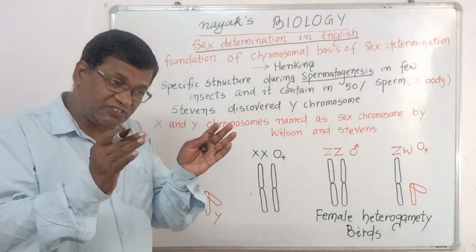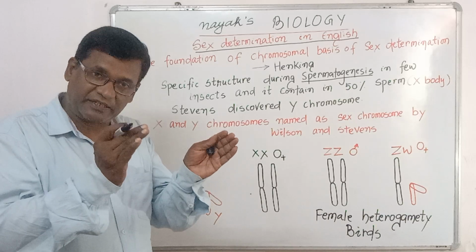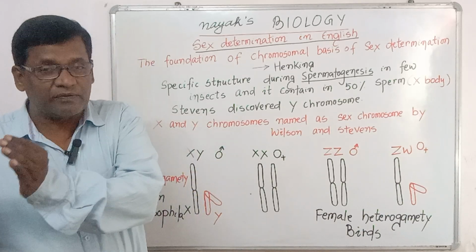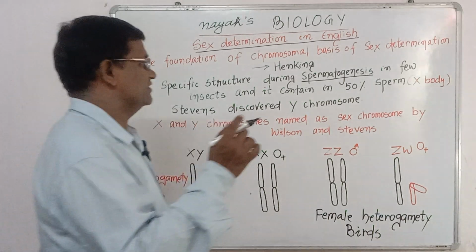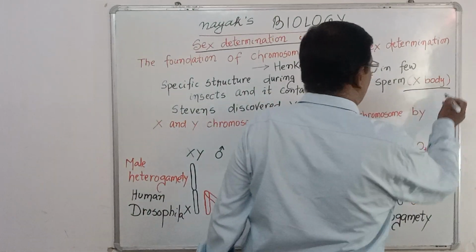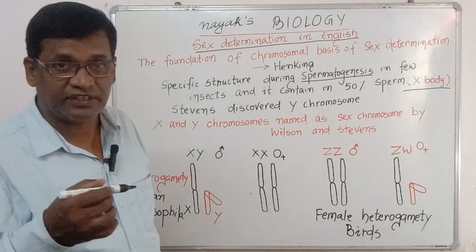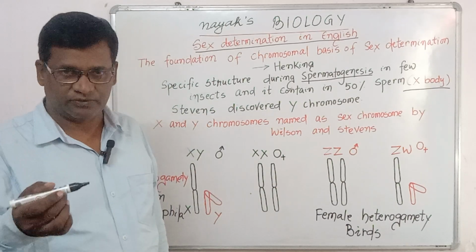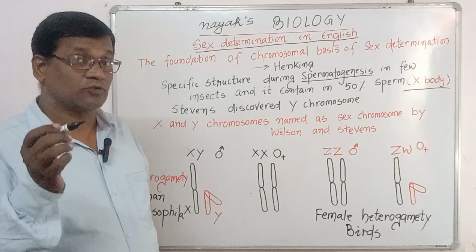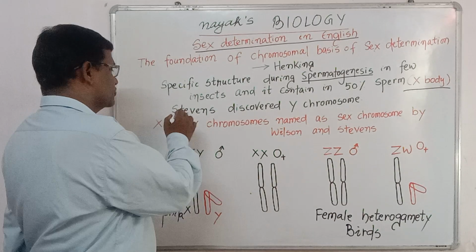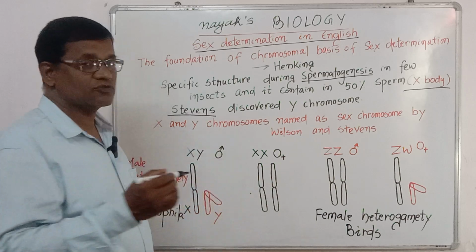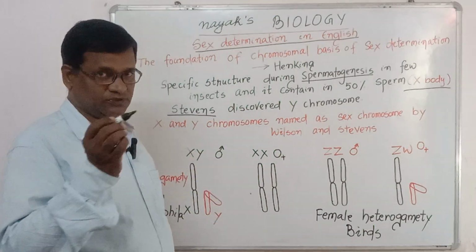That means we can differentiate the sperm by the presence of a particular structure, and half of the sperm don't contain that structure, and that is called the X body. After that, this X body was changed into the X chromosome. But at that time, the X chromosome was not considered a sex chromosome. After that, Stevens, one more scientist, discovered the Y chromosome.